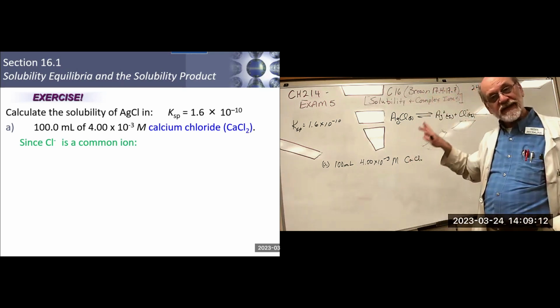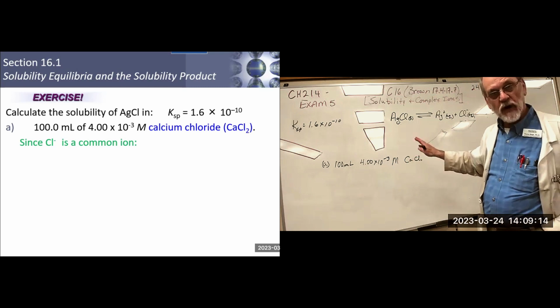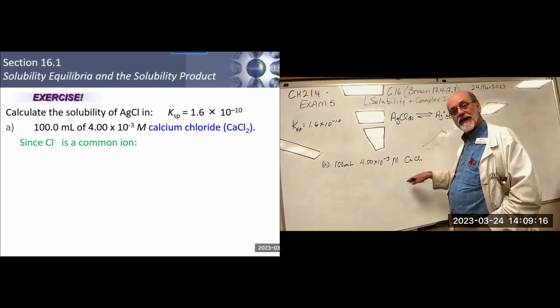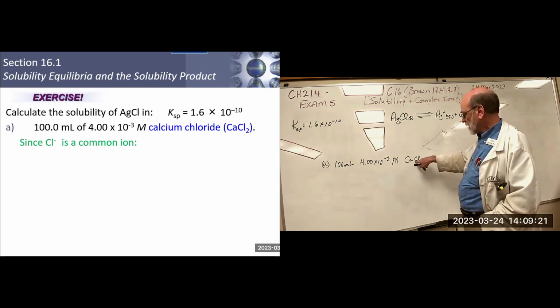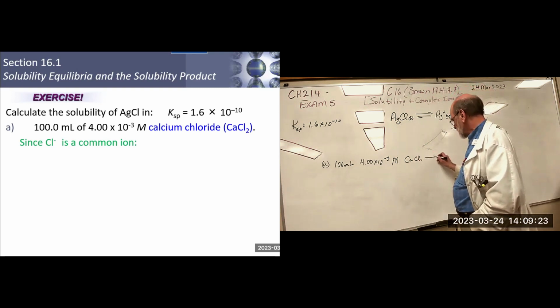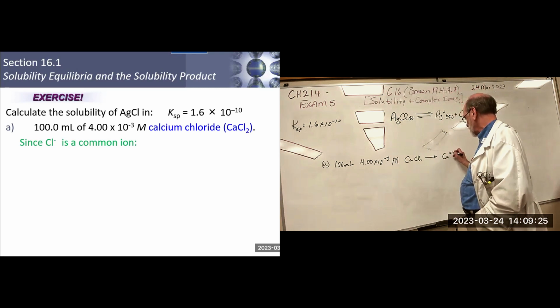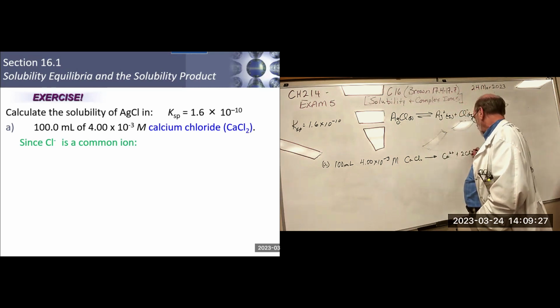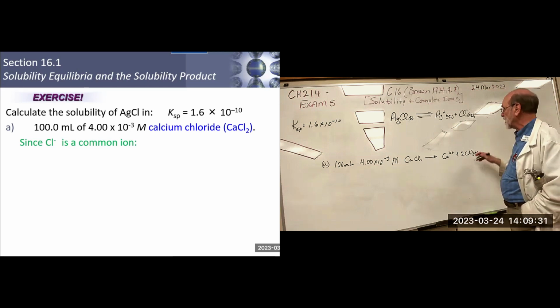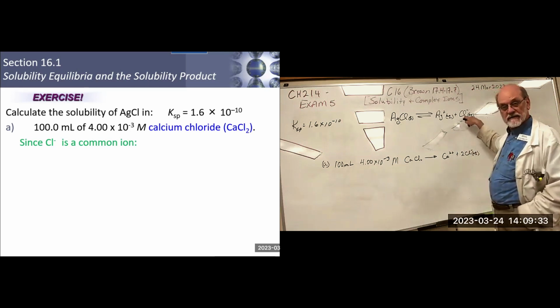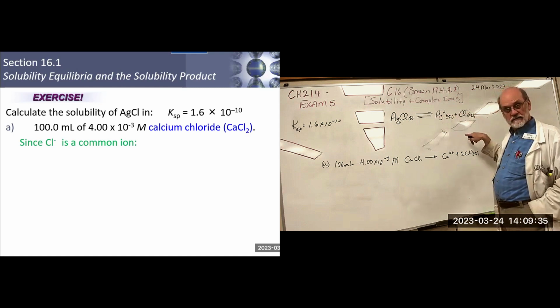Calcium chloride is completely soluble in water. So you're going to have calcium ions and chloride ions. Notice if this dissociates completely into calcium and chloride ions in aqueous solution, this ion is common to that reaction.